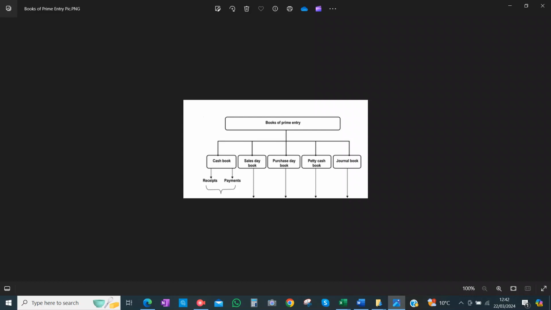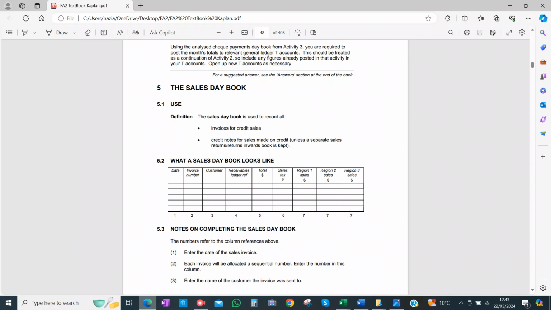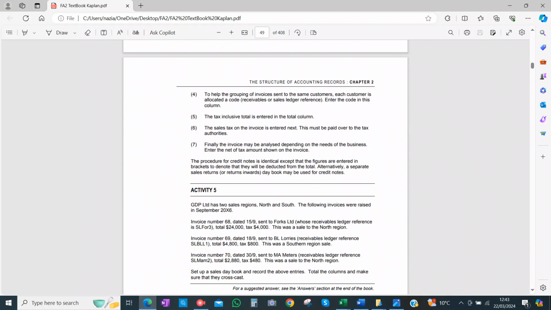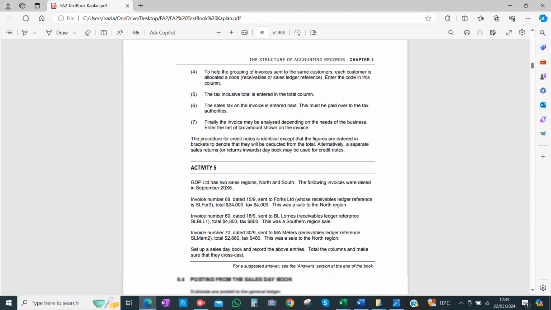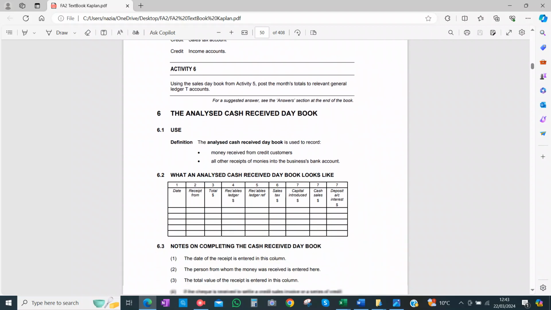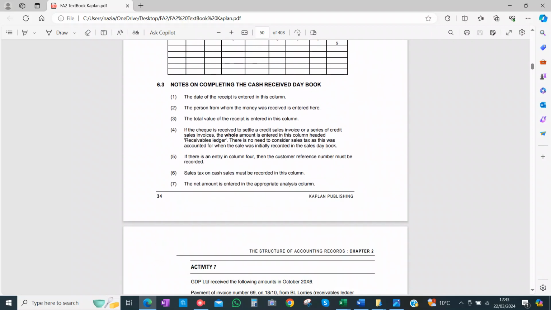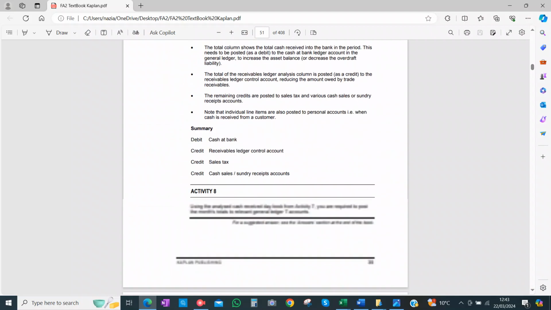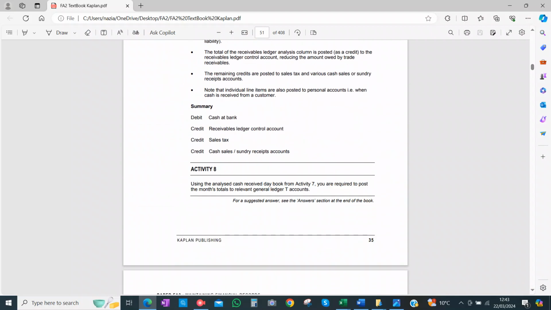So they are books of prime entries that you can remember, and there is a small picture for you if you want to understand them in this way. And the syllabus and the study text that I'm going to follow for proper understanding at the professional level, so that you can study it, and later on if you are planning to sit an exam, you can also prepare for a professional level exam and become a certified accountant.